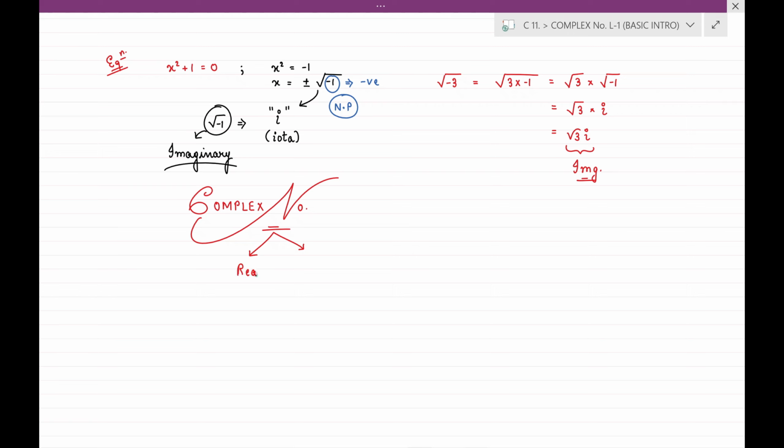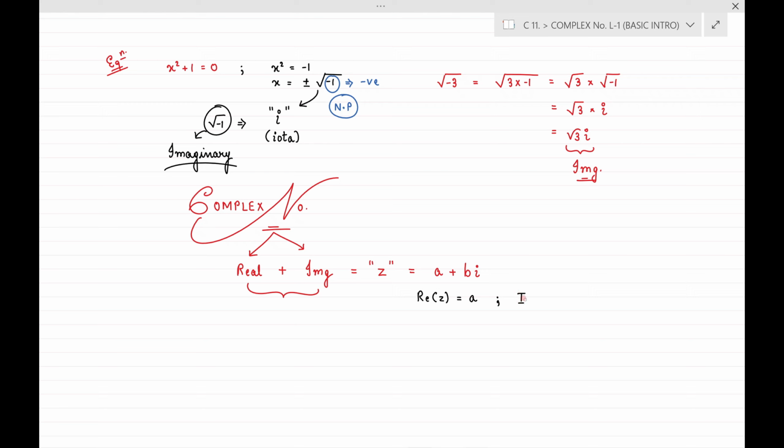Now let us consider an example. Z is suppose equal to a plus b iota. Now here the real part of complex number z is equal to a, whereas the imaginary part of the complex number z is b.